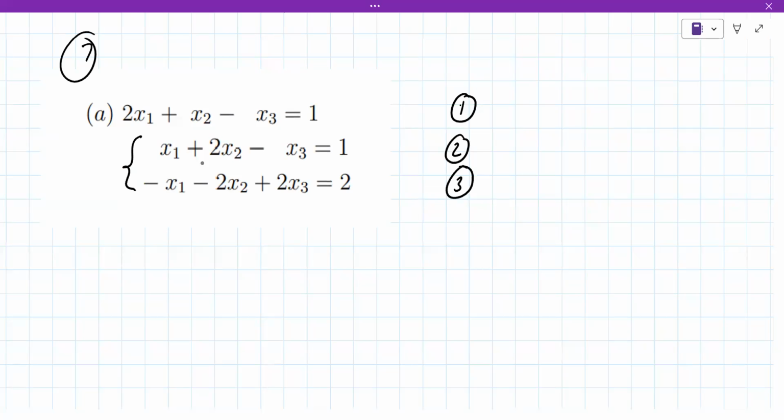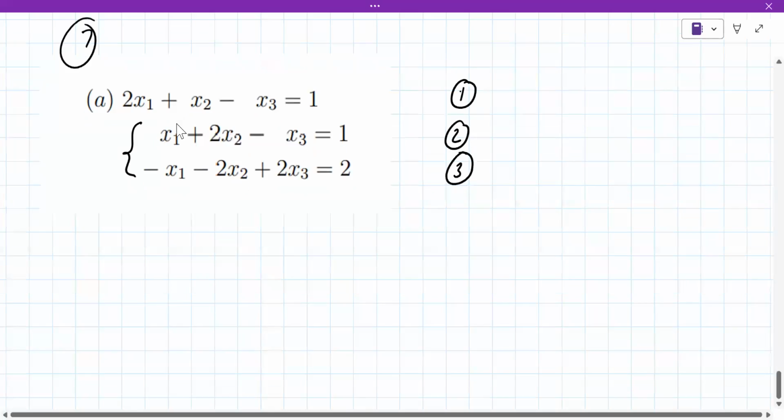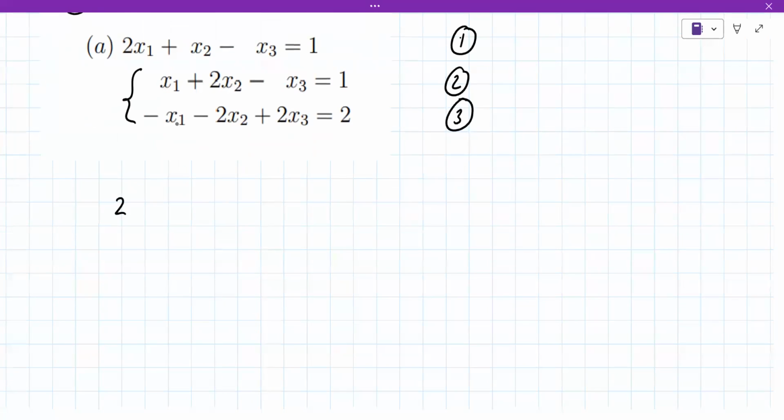Now they want you to use Gaussian elimination. So to do that, you write just the coefficients in the problem here. Maybe you saw that in class. Yeah, we were doing that today.